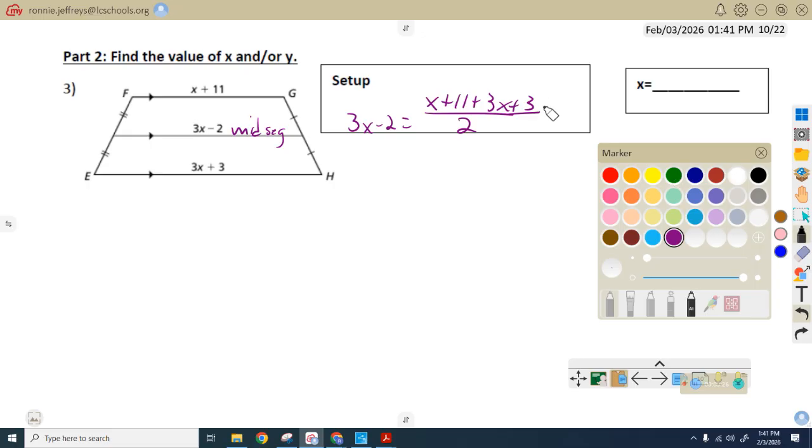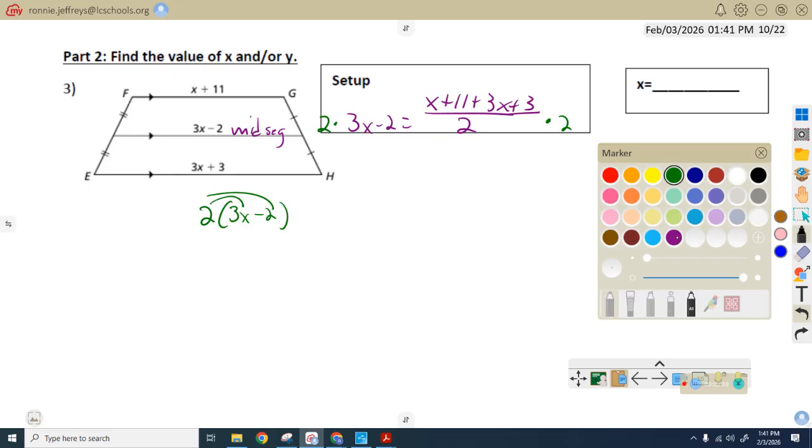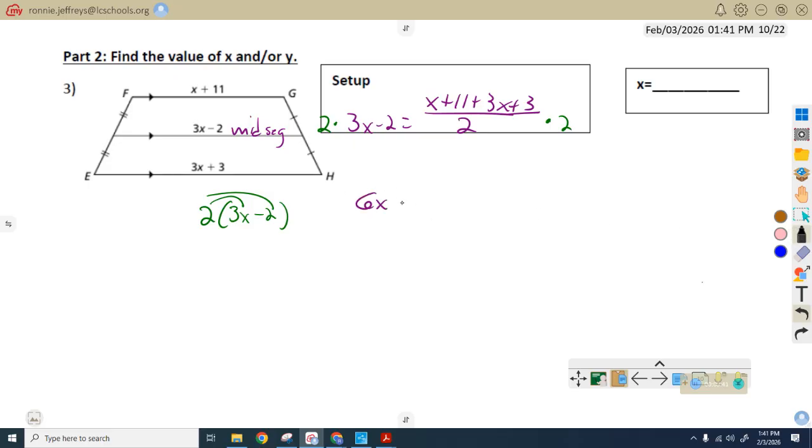Now, when we multiply to solve, this is actually distributive property right here. So this would be 6x minus 4. And we're going to go ahead and combine like terms up here. So this would be 4x and 14.